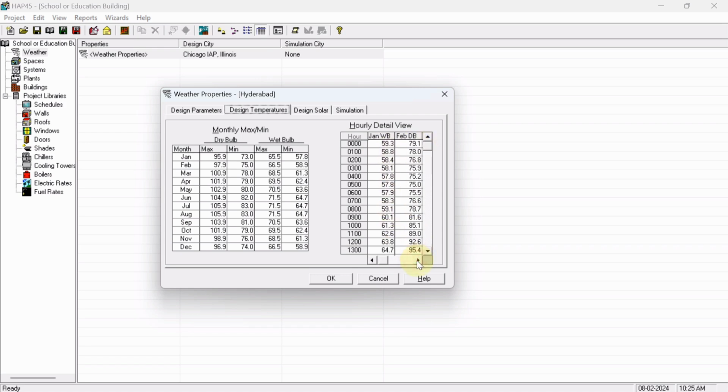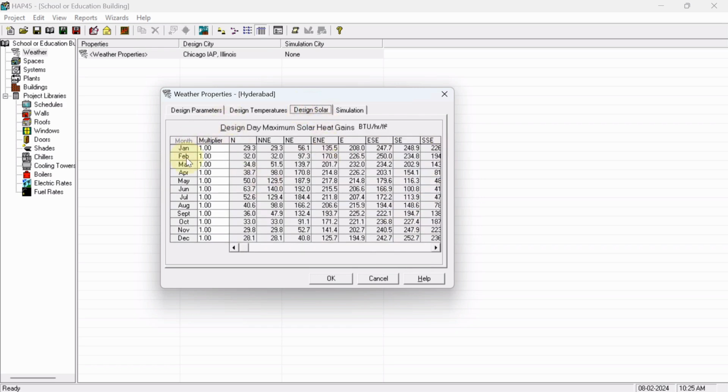When you open the next month, let's say I want to see the July month, where you can feel more hot, at 1 p.m. in July month, dry bulb temperature is showing 103.4, and in July wet bulb temperature is 70.8. So here you will get the hourly detail view also.